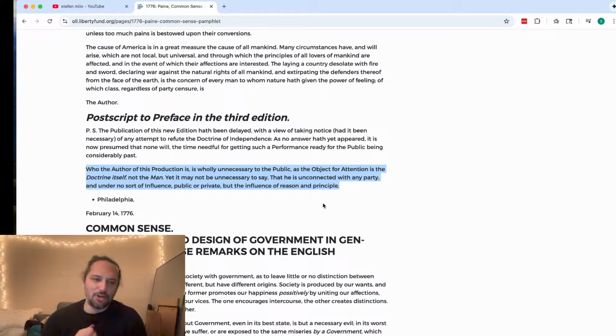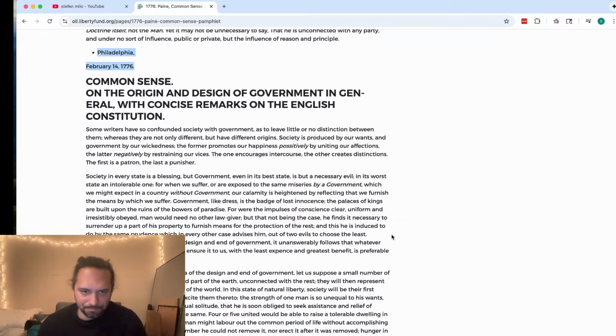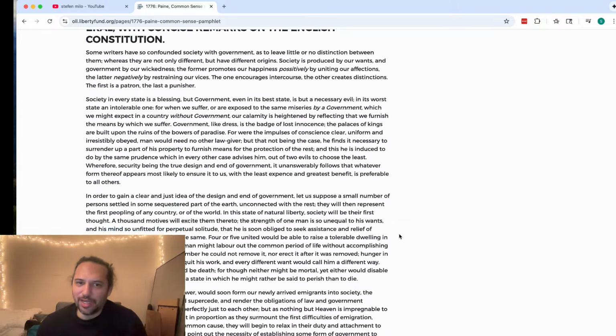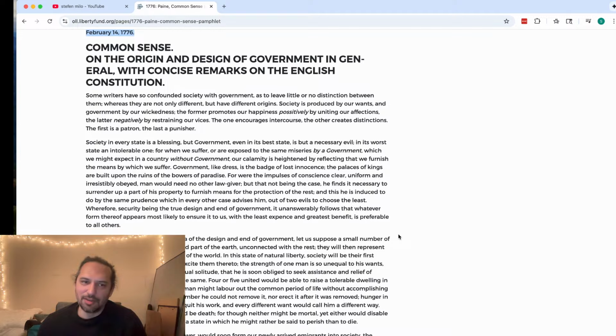And then there's, of course, Philadelphia, February 14th, 1776. Now, it says February 14th, but it was actually published on January 10th. And this is a postscript because there was a delay in some aspect of the publication. I just want to read a little bit of Common Sense.